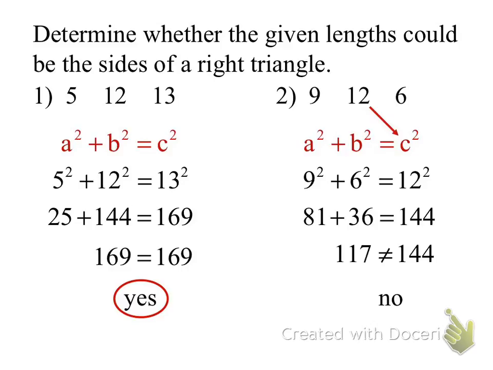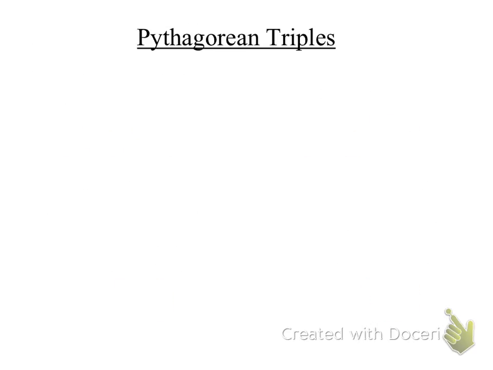All right. Another thing we need to know about are our Pythagorean triples. There are special numbers, 3, 4, 5. 3 squared plus 4 squared equals 5 squared is a right triangle, where your legs are 3 and 4 and your hypotenuse is 5. One person said to me, can I get rid of the square?